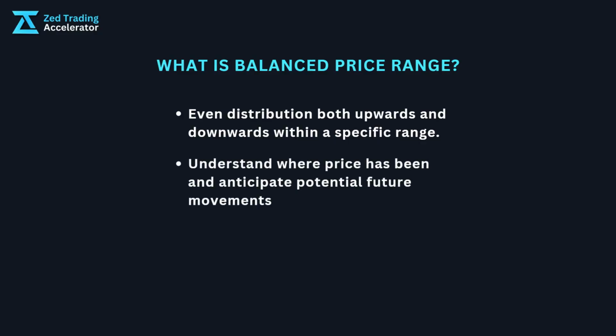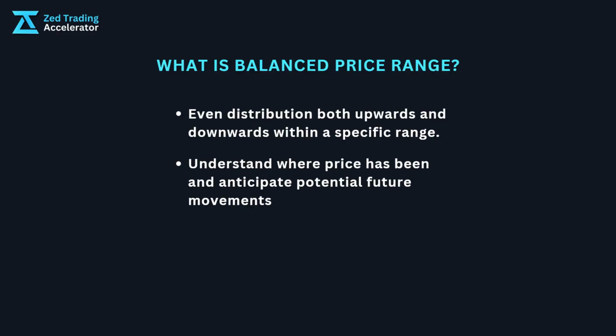Next is to understand where the price has been and to anticipate potential future movements. Another example: if we have a PD array around here, we expect the price to respect that PD array.